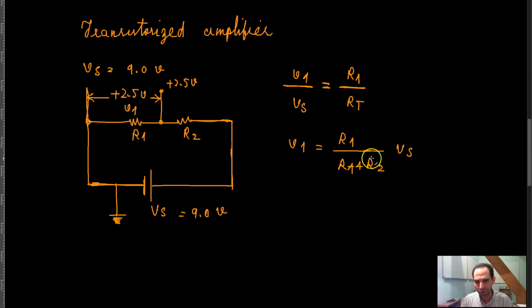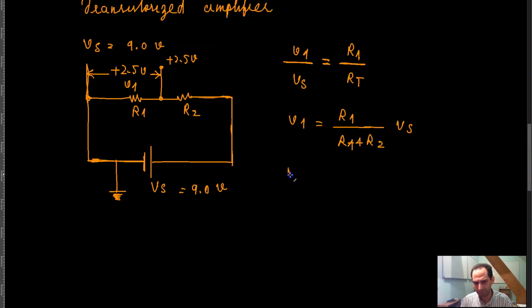So R1 plus R2, I can call it R of T, meaning that V1 is R1 to R of T times V of S.